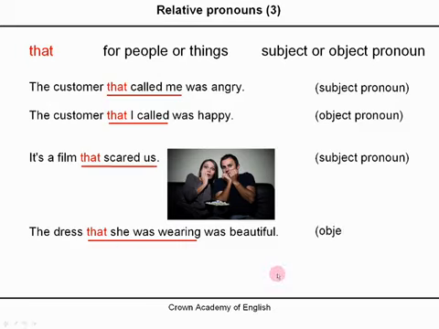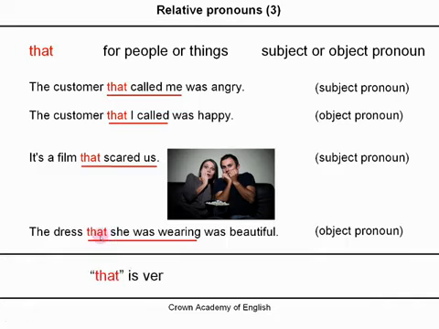So that, this time, is an object pronoun. She was wearing a dress, and it was beautiful. So that is the object. So that is very, very common in spoken English. You will hear it a lot instead of who or which. Okay?